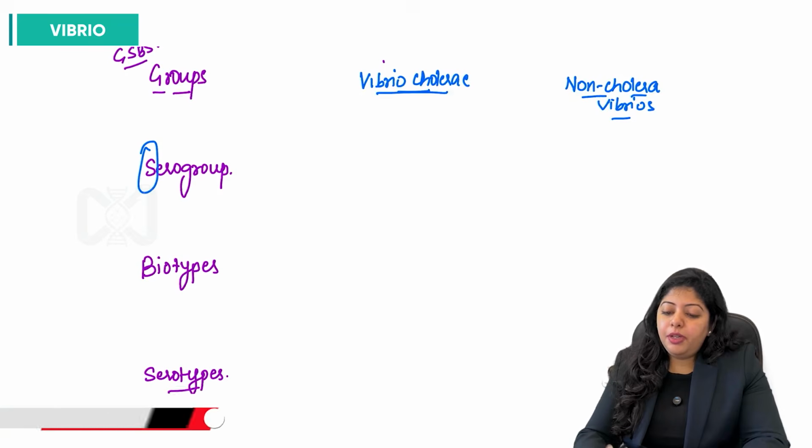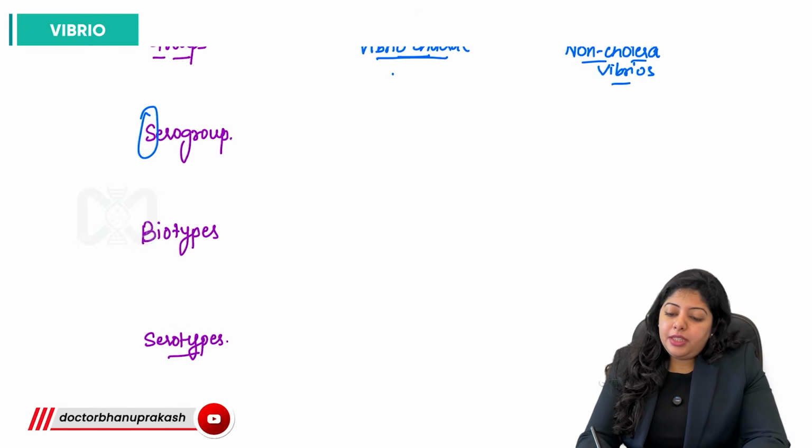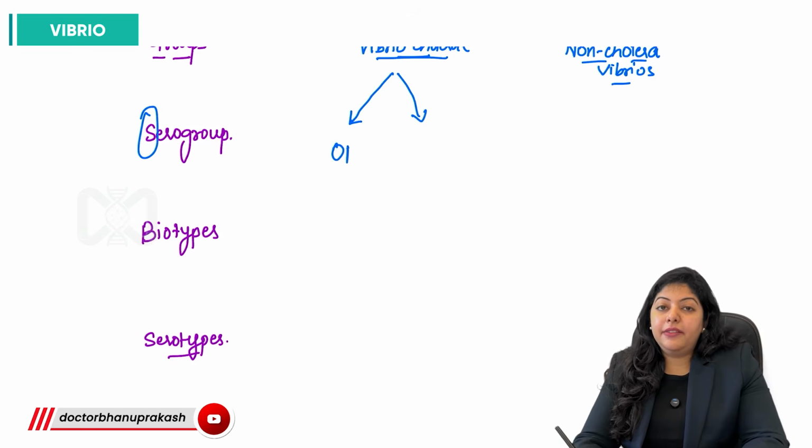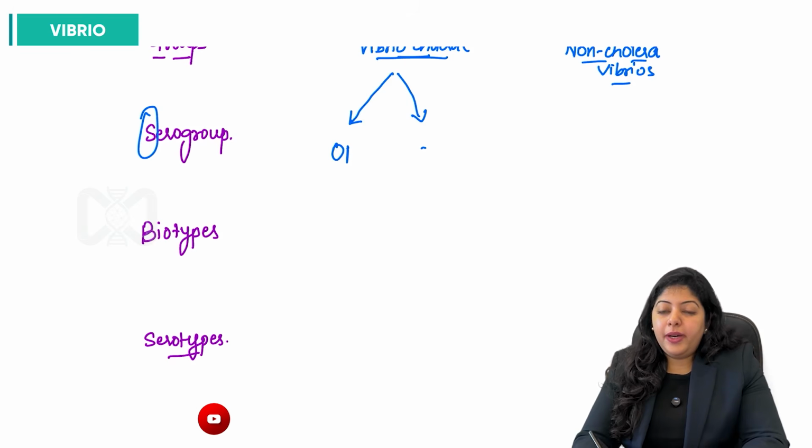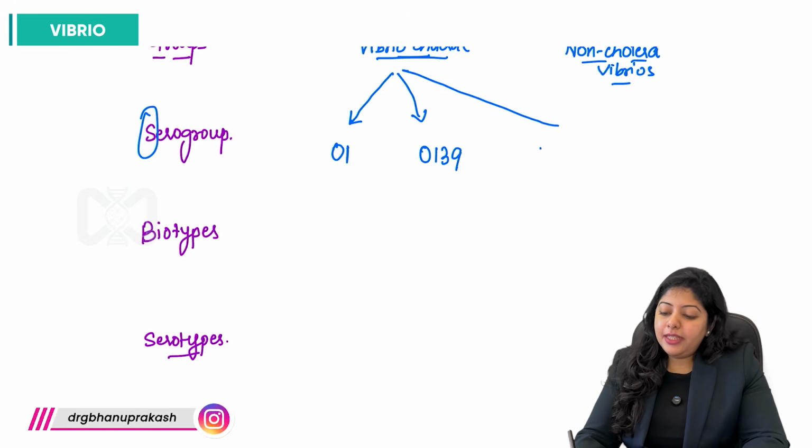The serogroup is firstly O1. We said they have one CEO, so O1 is the first serogroup. Then we have O139, and lastly non-O1 or O139.